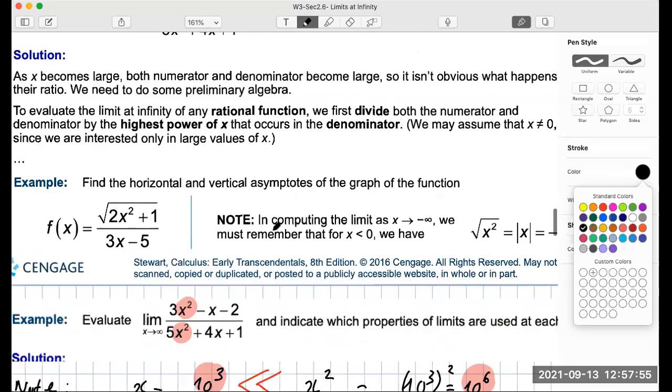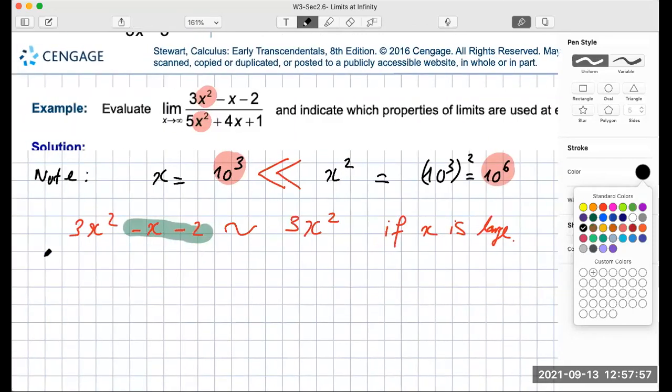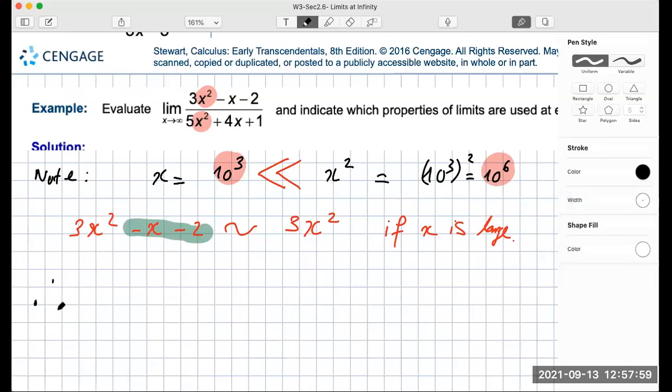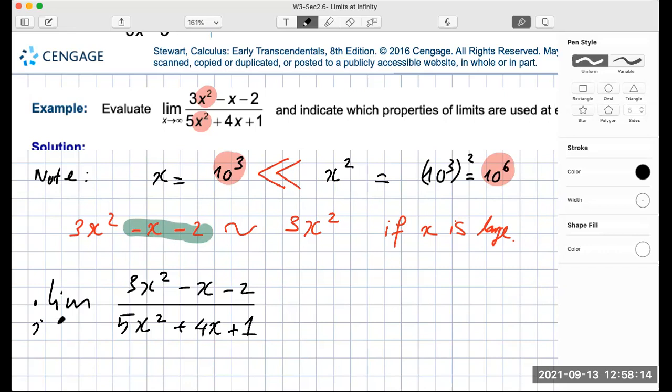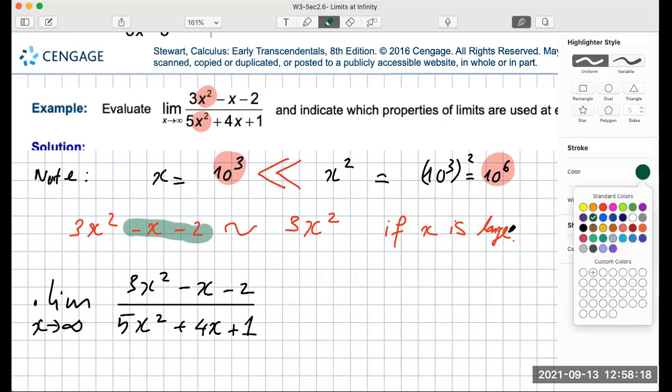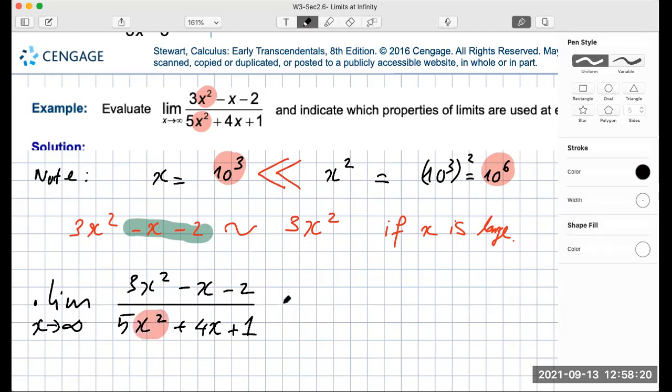Anyway, in our case, then we apply that property. We compute the limit of 3x squared minus x minus 2 over 5x squared plus 4x plus 1 when x approaches infinity, and the highest degree of the denominator is this guy.